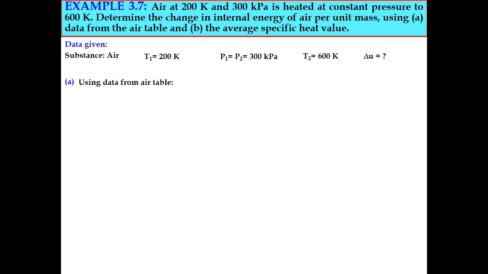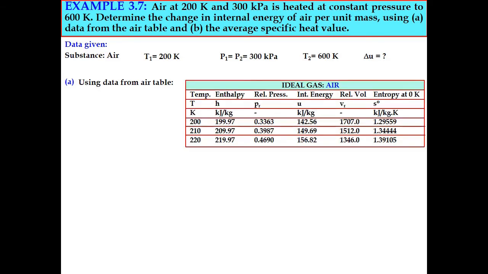Okay, first, by using the data from the air table, we need to check the ideal gas air table. In the table we have data such as the temperature, enthalpy H, relative pressure Pr, internal energy U, relative volume Vr, and entropy s relative to 0 degree.